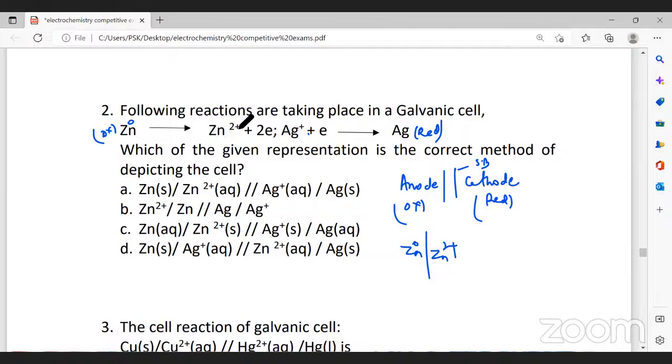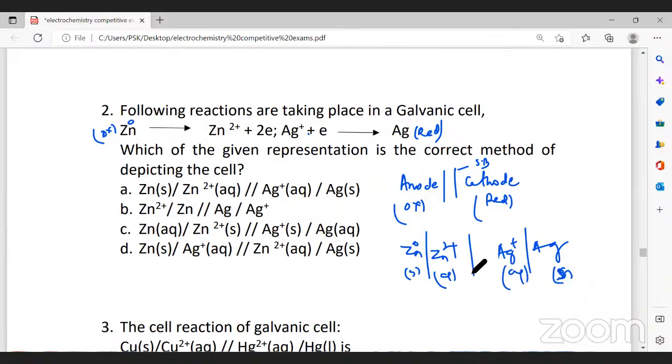Here the charge on Zn2+ is +2. Likewise, silver here from Ag+ accepts an electron, it undergoes reduction to Ag. Now, this is a solid and this is aqueous. This is aqueous and this is a solid.